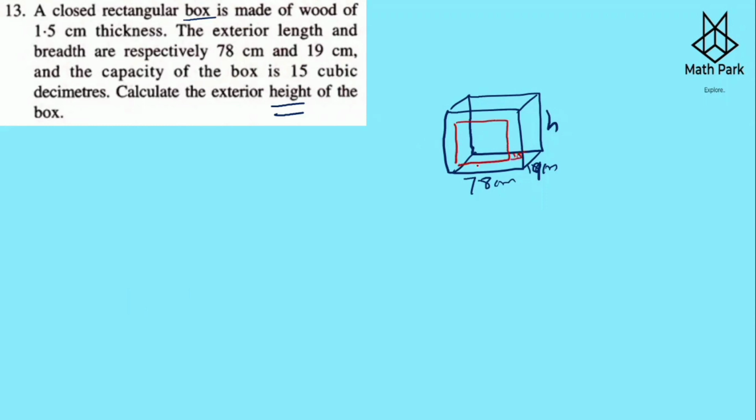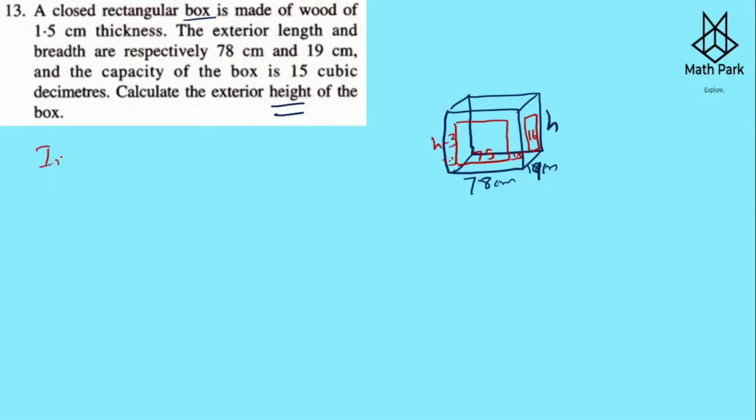So 1.5 and 1.5 from here, so 3 to be subtracted. We get 78 minus 3, that is 75. 19 minus 3, the internal width is going to be 16, and the internal height is going to be h minus 3.